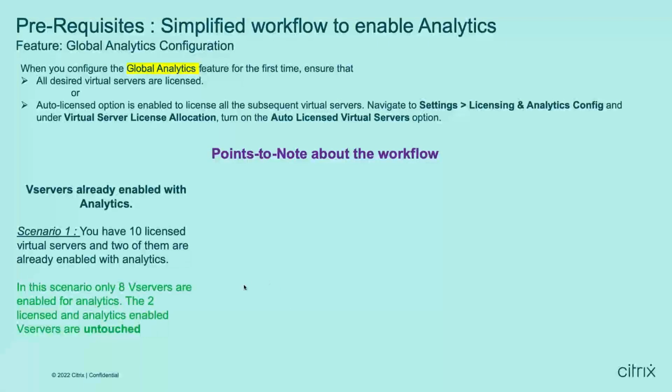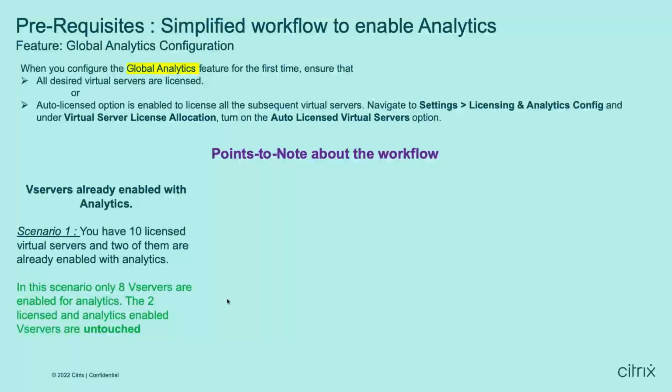The first one is a scenario where you have vServers that have already been enabled with analytics manually by the admins. Assume that you have a system with 10 vServers, and out of them, you have manually enabled analytics on two already. Now you go to the global analytics configuration page and enable the desired set of analytics features.